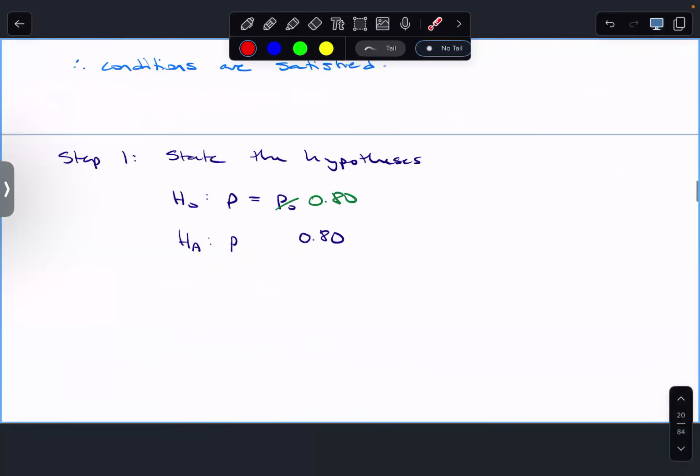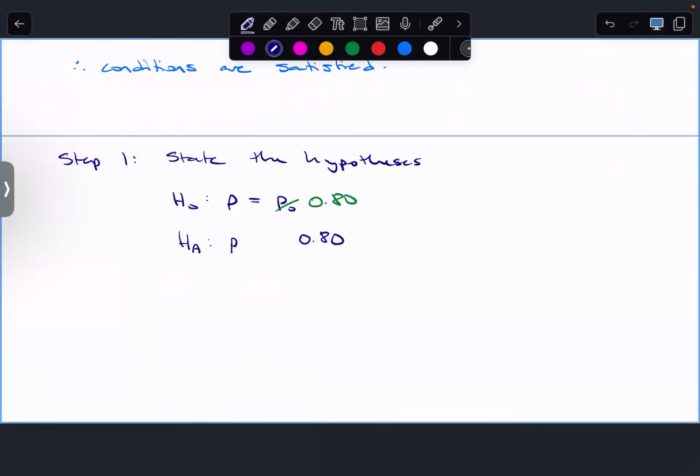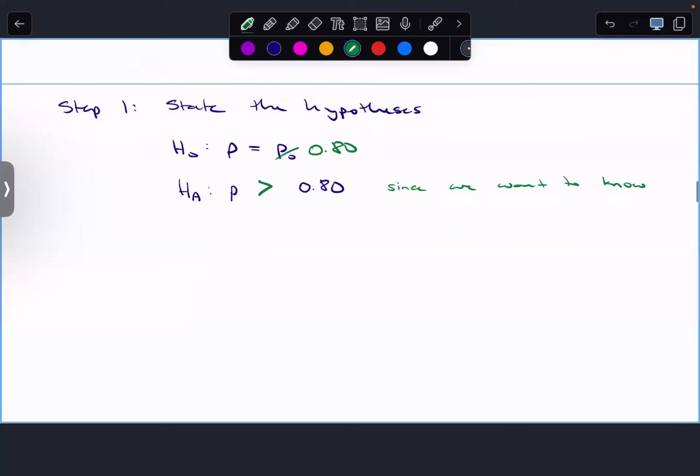And so here, p is greater than 0.8, since we want to know if more than 80%.